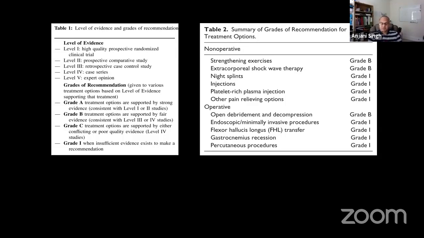Gastrocnemius recession is again grade I. So as you can see from this slide, there's not much scientific support except for open debridement and decompression. And of course, if you need to do a Haglund resection or a calcaneoplasty, then that's something which would be suitable for patients if that's the main cause of their problem.